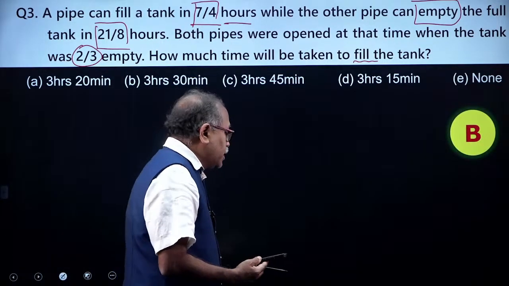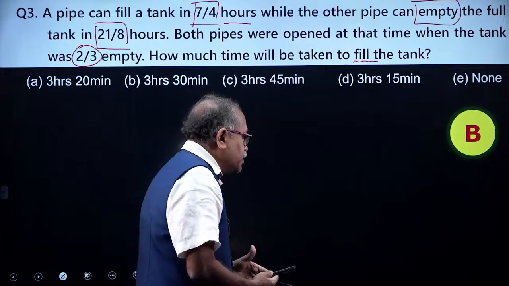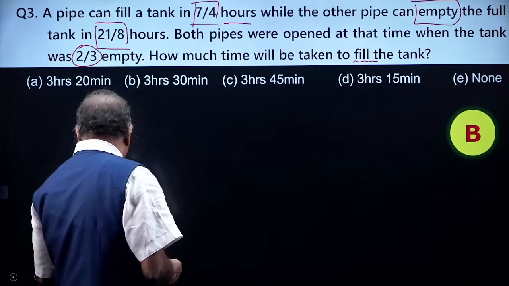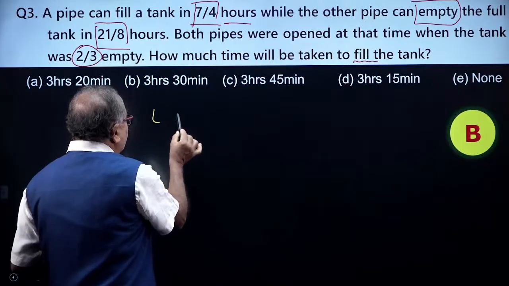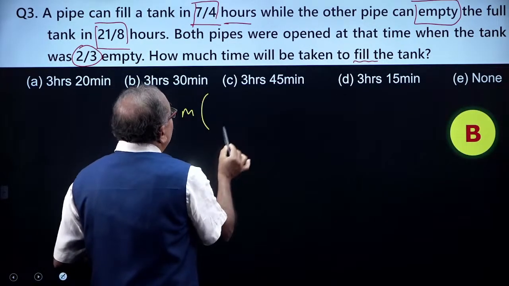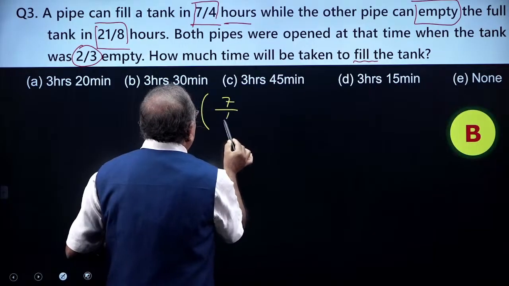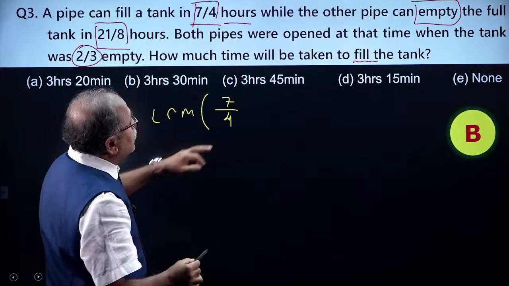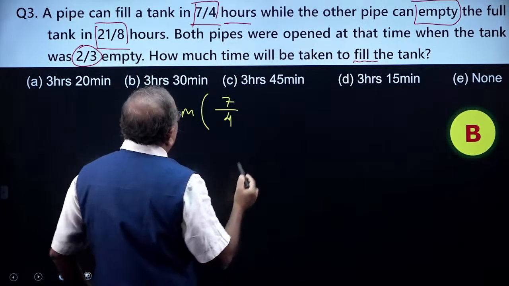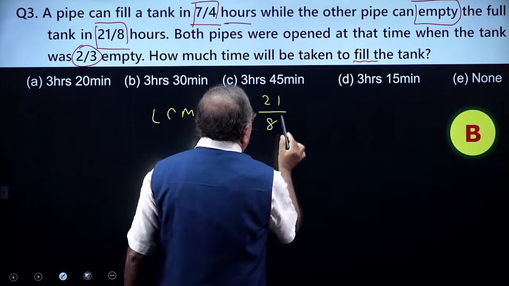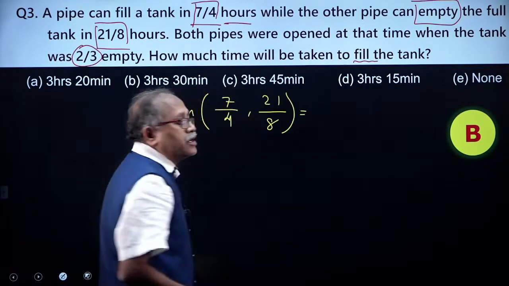So how you might have done this question, that is, what is the LCM of, I will go with the same thing, whether the fraction or the round figure, 7 by 4, and emptying tank, that is 21 by 8. So what is the LCM of the fractions?